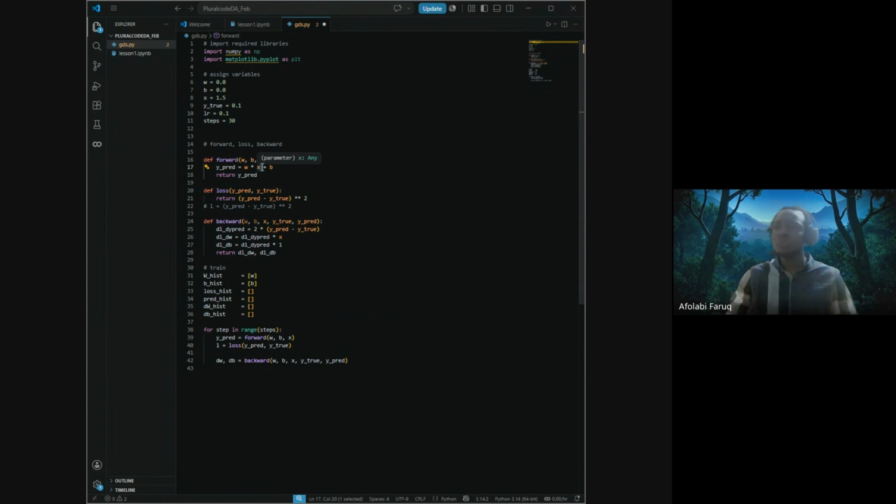But what can be tweaked is the weight and the bias to ensure that the output prediction is as close as possible, which is exactly what the model needs to learn. So in backpropagation, we need to ensure we are able to get a gradient update for the weight and the bias, full stop. In that essence, I'm going to be appending some of these values there. So I'm going to call this loss.